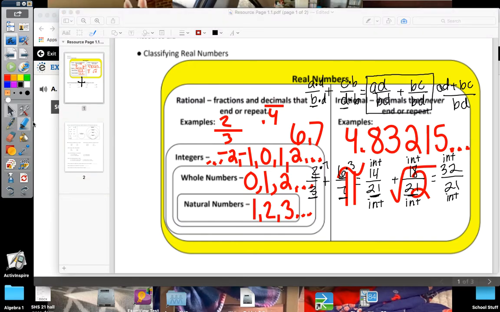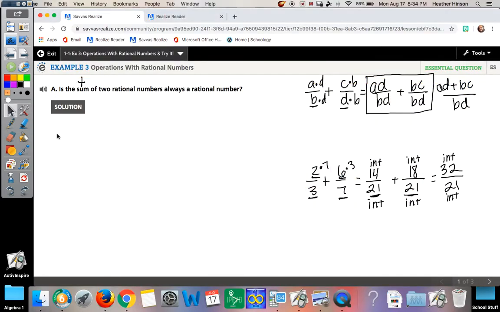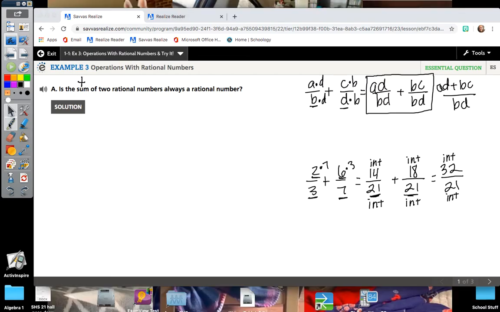So if the fraction you're using is filled with integers, and not something like square root of 2 over 7, or anything irrational like pi, or pi over square root of 5, these are irrational numbers. As long as it's filled with integers or rational numbers, it's always going to stay rational. If you add a rational plus a rational, it's going to stay rational.